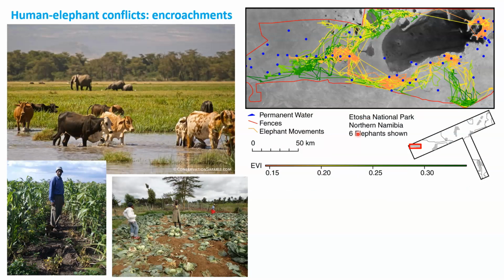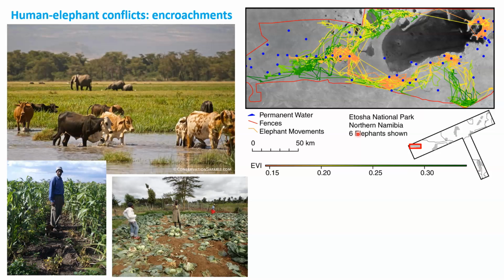Encroachment is also a major problem, right? In the African continent, southern sub-Saharan Africa, Central Africa, even in Northern Africa, agriculture and cattle ranching is a major livelihood. You can see in the top image that it's an open wetland, grassland, ranging area that's intended for common use.